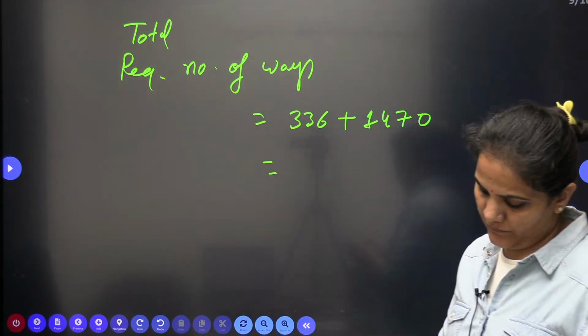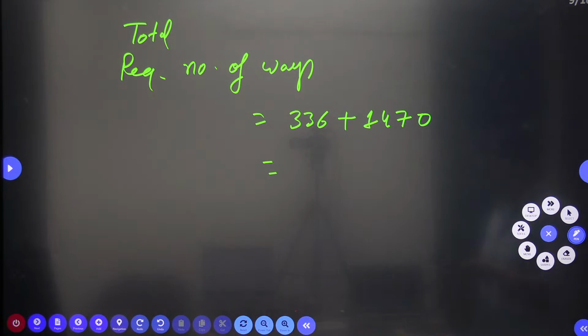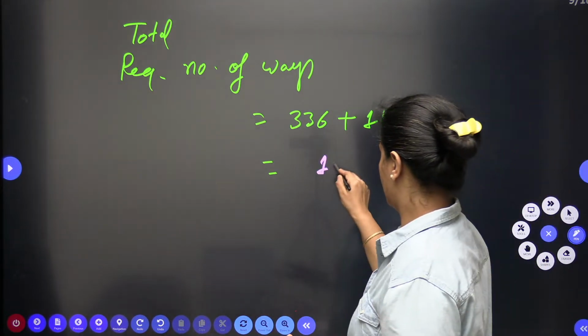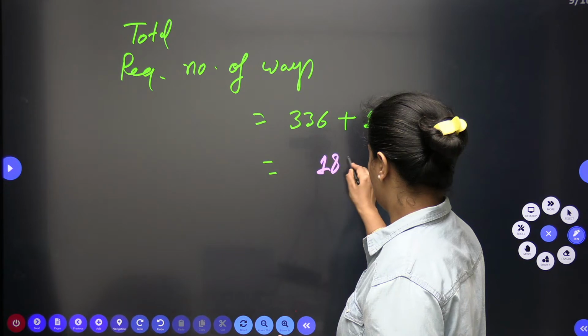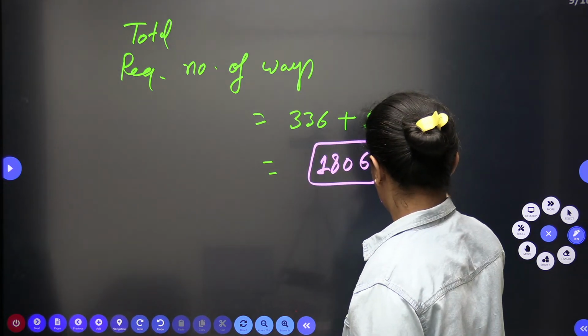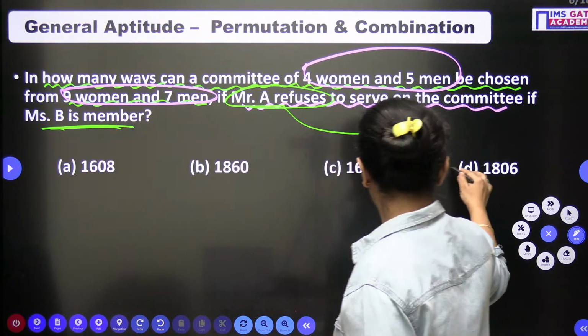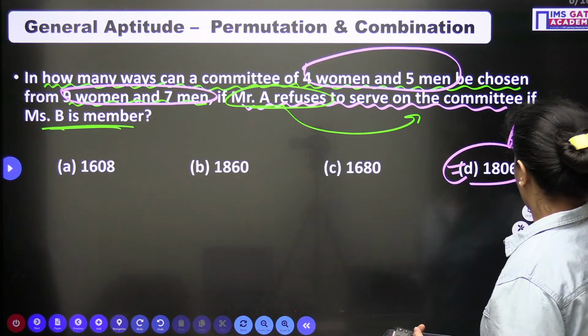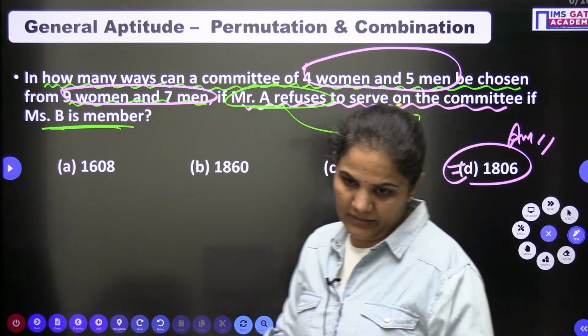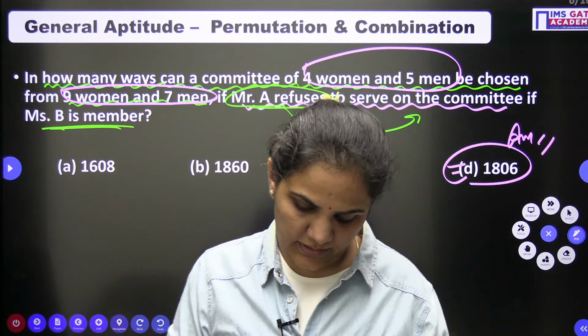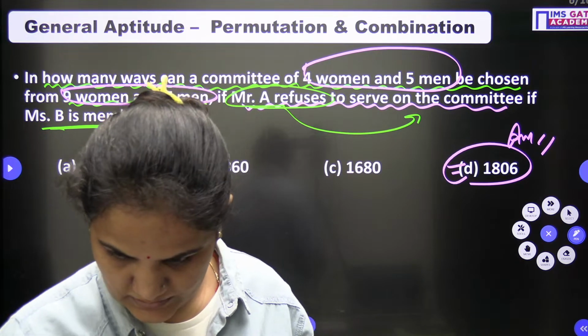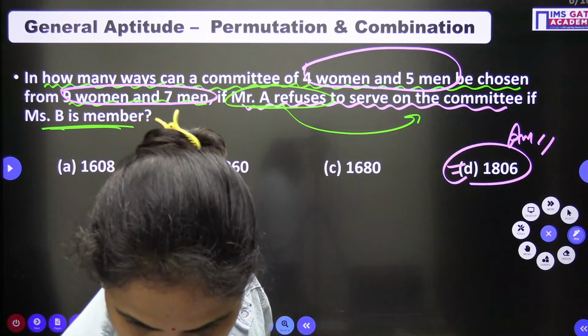When you solve, the result will be 1806. 1806 will be your final answer. When you look at the options, my answer will be D for Delhi. Yes, very easily we can approach it.